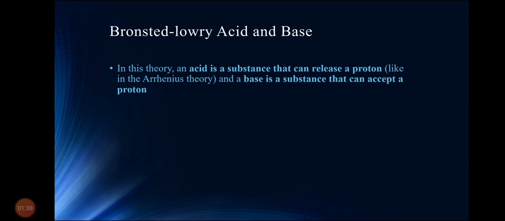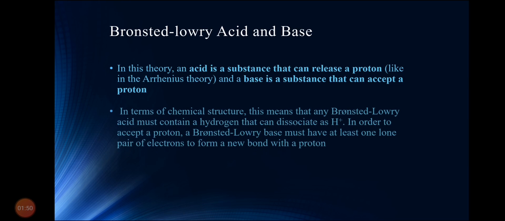Now, what is the definition of Bronsted and Lowry acid and base? An acid is a species or a substance which releases a proton, and a base is a substance that can accept a proton.